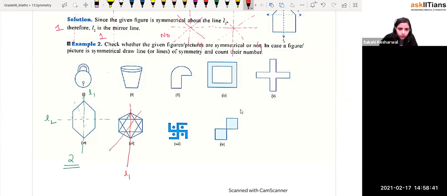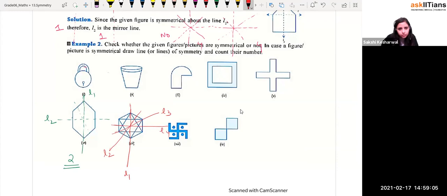So this upon this and this will overlap to this. And this will overlap because all sides are equal, right? So this is L2. Coming to this part, this is L3, right? Coming to this part, this is a hexagon also, so this is L4, right?